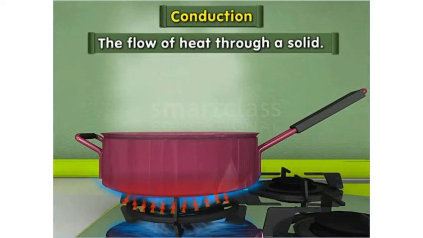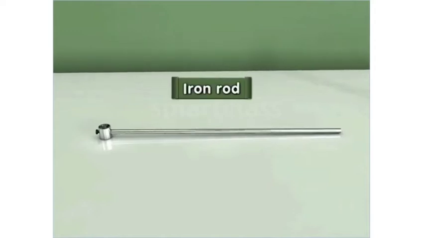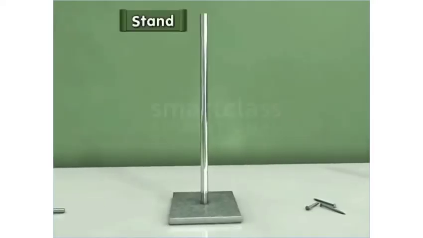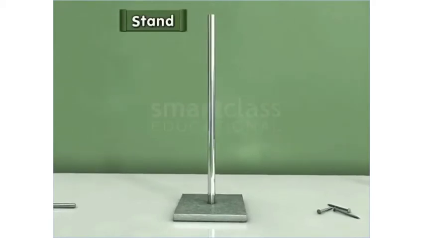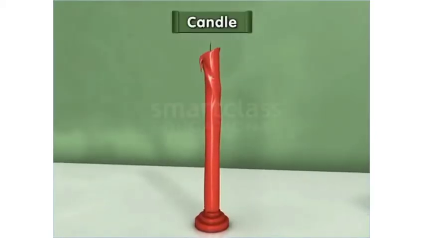Now let's take another example. With the help of an activity, let's understand the process of conduction. For that, we first take an iron rod, a stand, some iron nails and a candle.